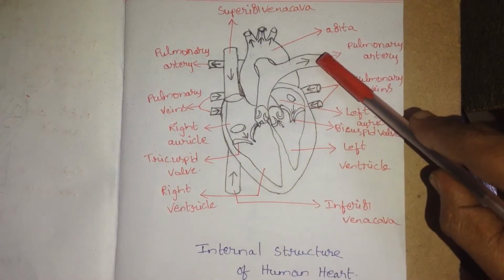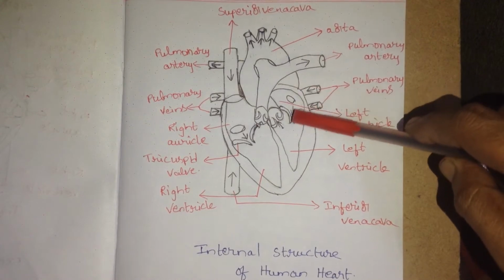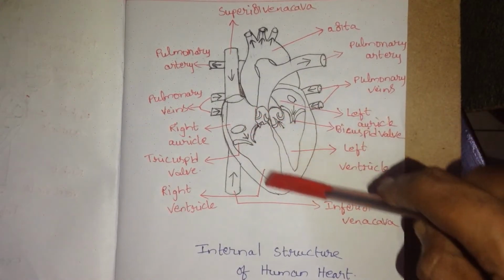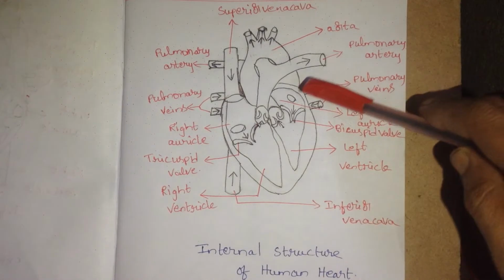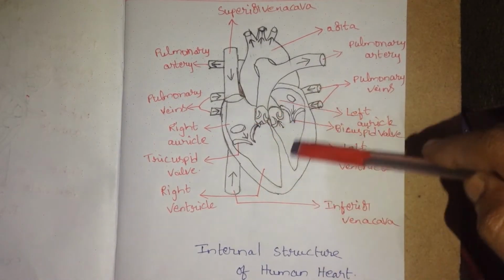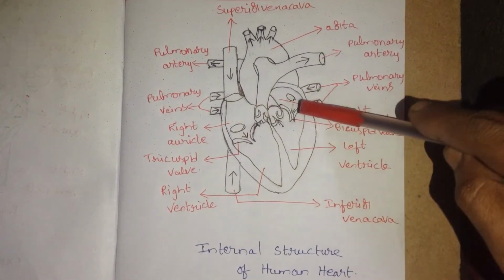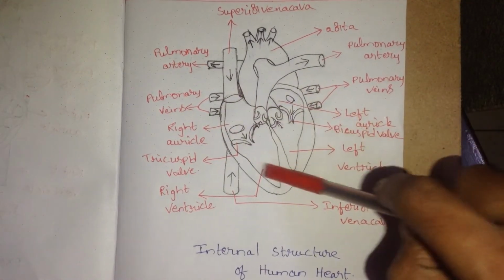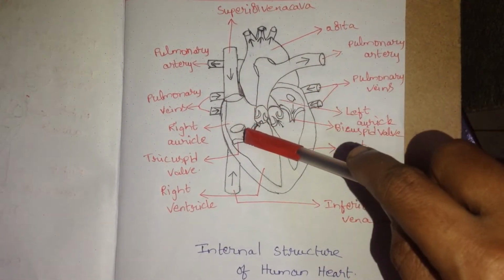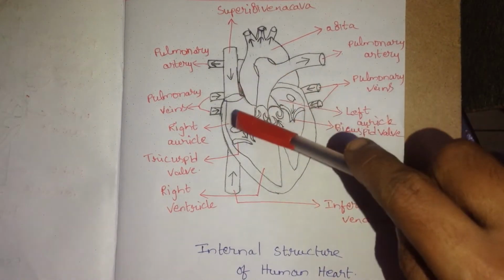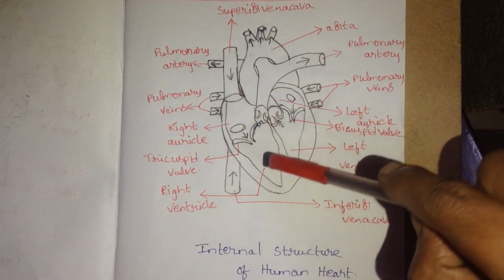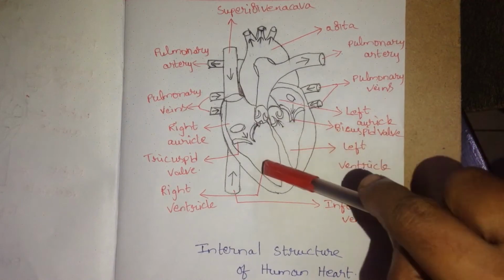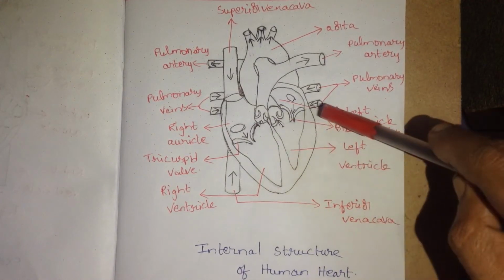Thus, these valves prevent the backward flow of blood and prevent the mixing of blood. That means in the heart both oxygenated blood and deoxygenated blood flow. The mixing of oxygenated blood with deoxygenated blood is prevented with the help of these valves.